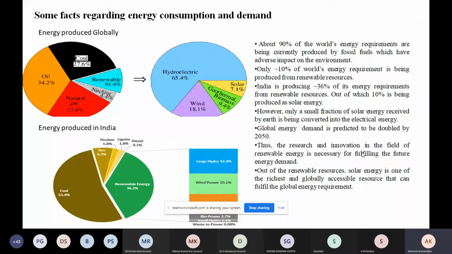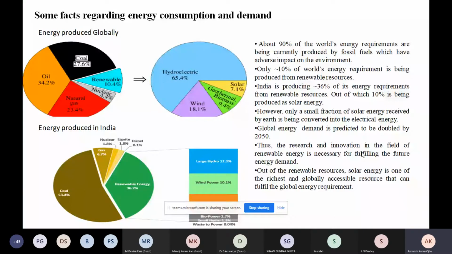If you see, 90% of the world's energy requirements are currently produced by non-renewable sources or fossil fuels, which obviously have adverse effects as I have already discussed. Only 10% of all energy requirement is being produced from renewable sources.